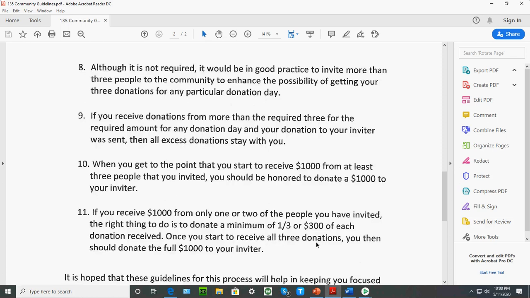Now, once you start to receive all 3 donations, you then should donate the full $1,000 to your inviter. Make sense? That's just the right thing to do. Because you wouldn't be here without the person that invited you.